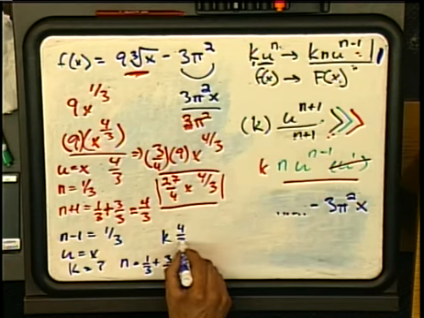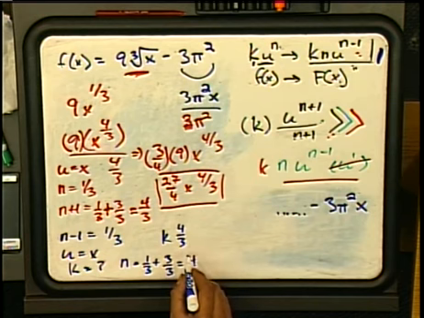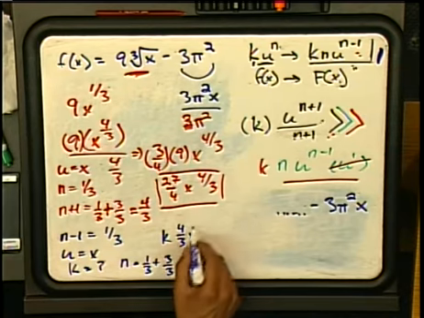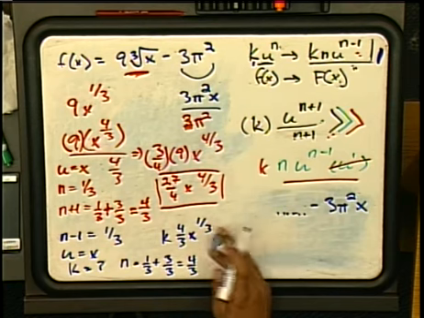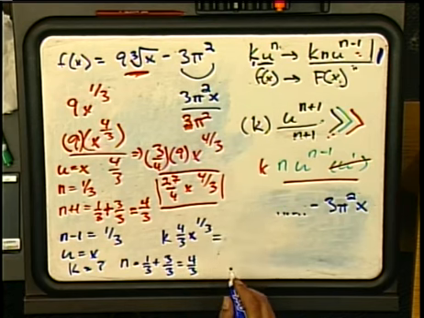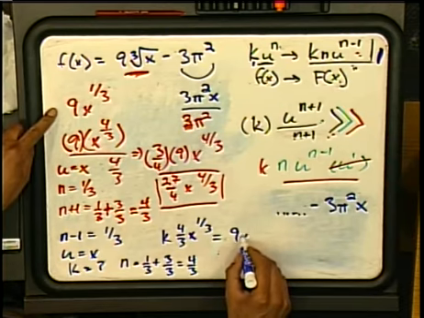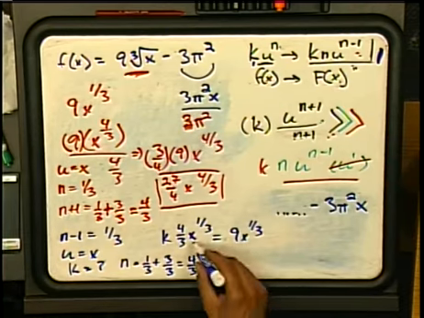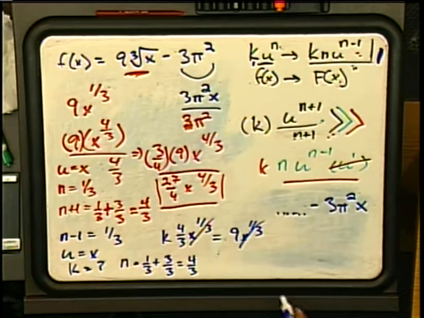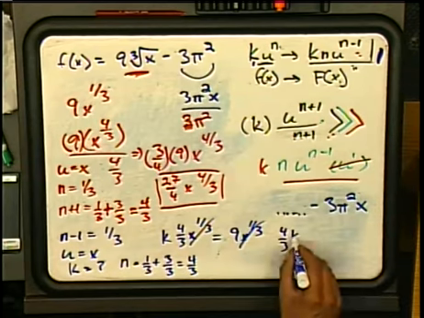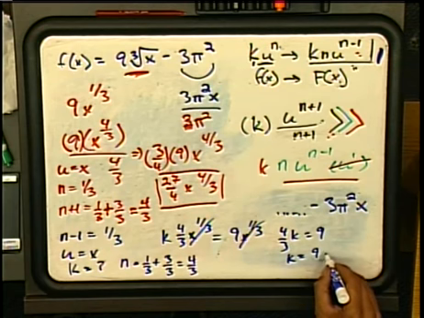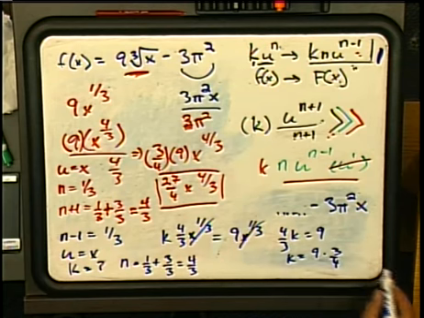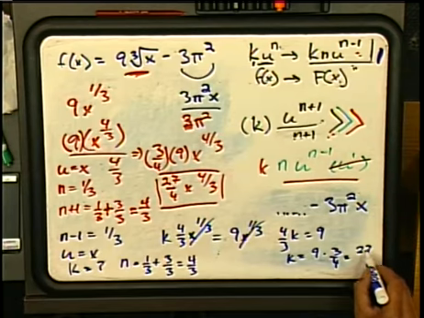So k 4/3 x, x is our u, n minus 1 is 1/3. And it equals 9x to the 1/3. X to the 1/3 cancels out. So 4/3 k equals 9. K equals 9 times 3 over 4, which is 27 over 4.